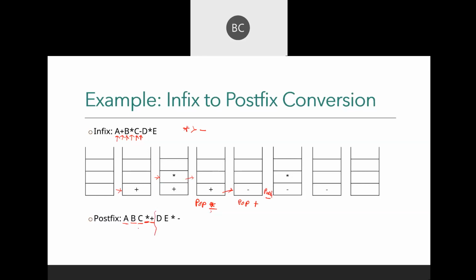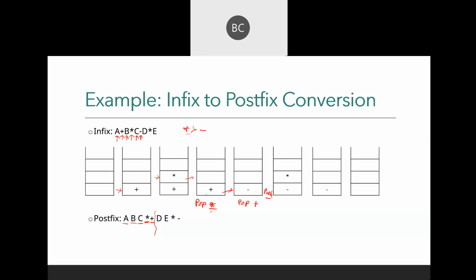Is this part clear? I'm just repeating again: after C we have the minus symbol. On the stack, the top is multiplication, which has higher precedence, and in the stack you cannot keep anything at the top which has lower precedence. Therefore, you pop out the higher precedence multiplication sign and print it in the result section.